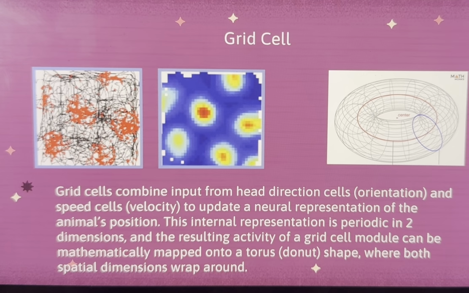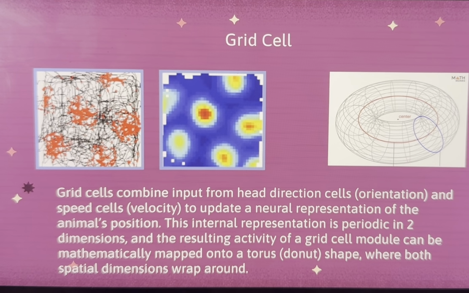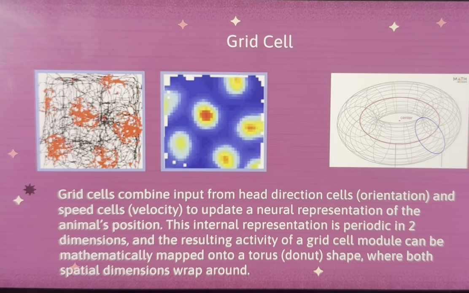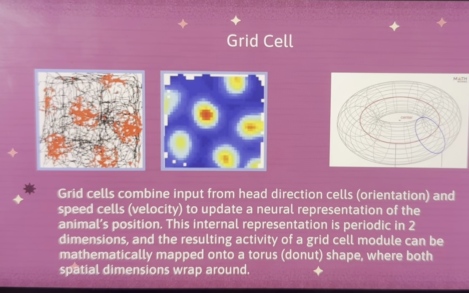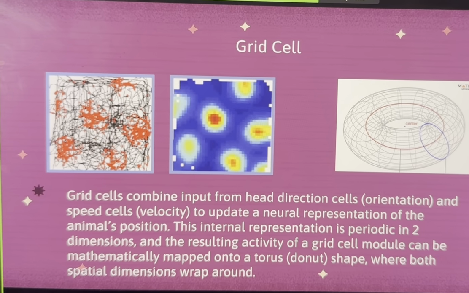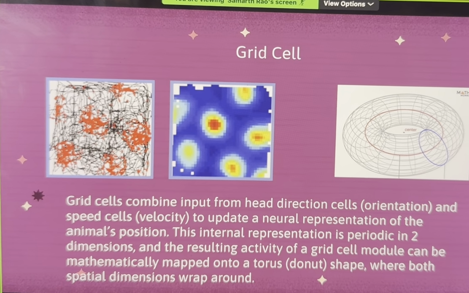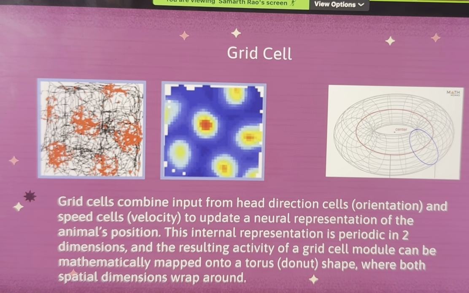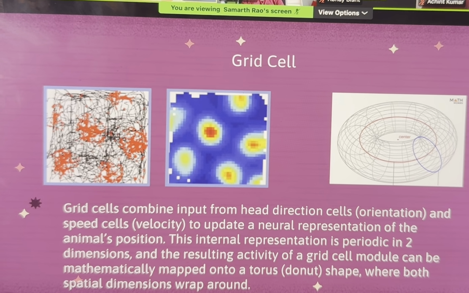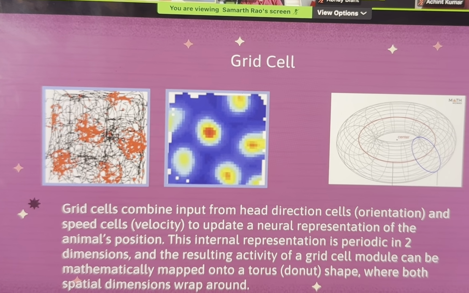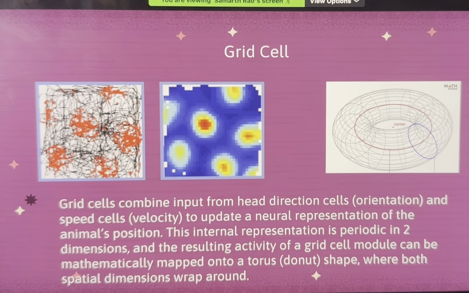This internal representation is periodic in two dimensions because it's a circular axis. And the resulting activity can be mapped onto a torus shape where both spatial dimensions wrap around. You can think of it like a sheet of paper: if you connect both the top and bottom edges and the left and right edges, it will form a torus shape.